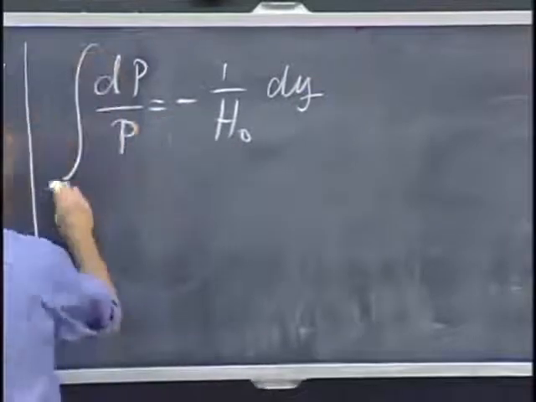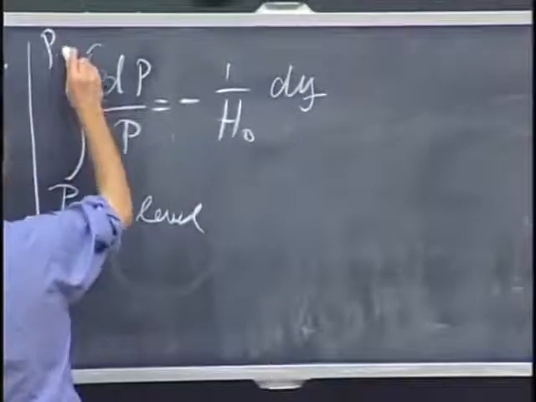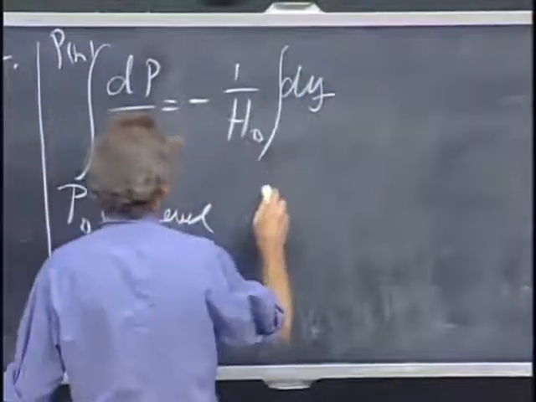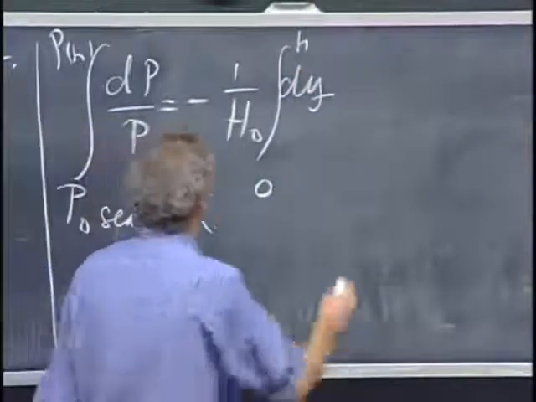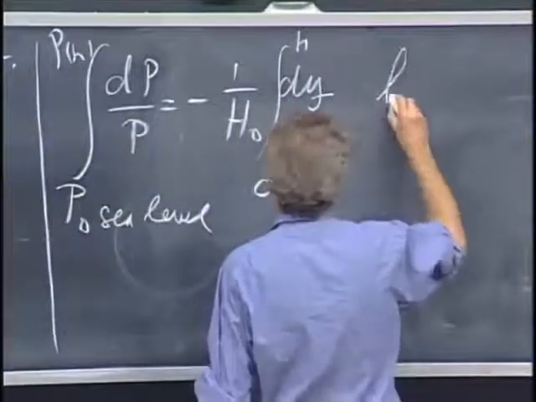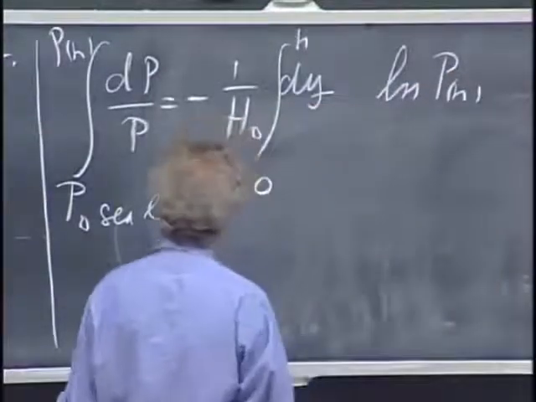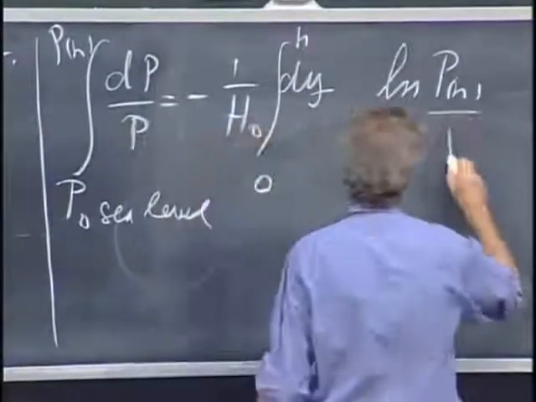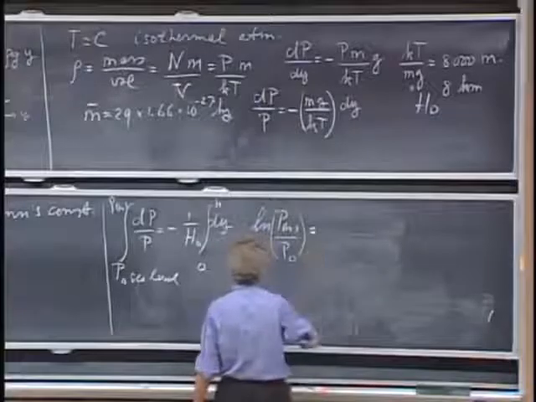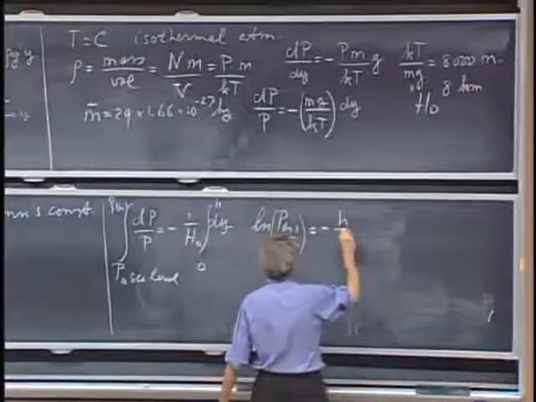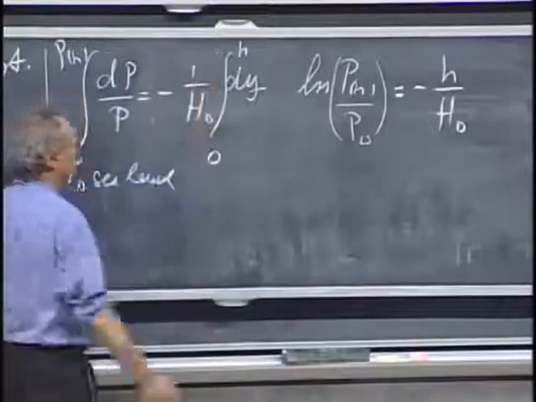I integrate this between P0, which is sea level, and P at some altitude h, and so dy between 0, sea level, and altitude h. And that's an easy integral, so I get ln of P at altitude h divided by P0 equals minus h divided by H0, because an integral of dy from 0 to h is simply h.